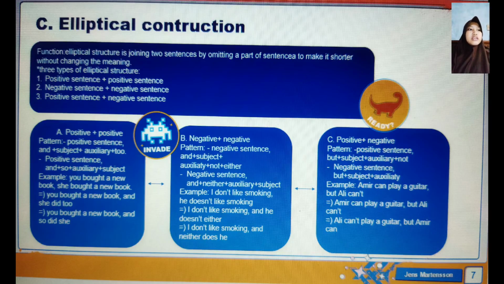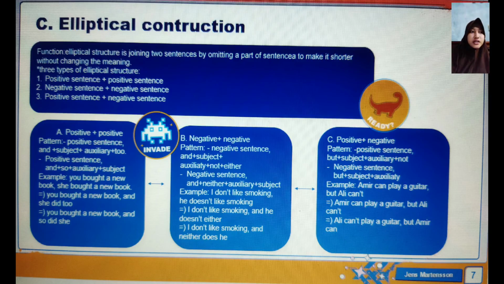Next, C. Positive plus negative. One pattern is positive sentence, comma, but, comma, plus subject plus auxiliary plus not.